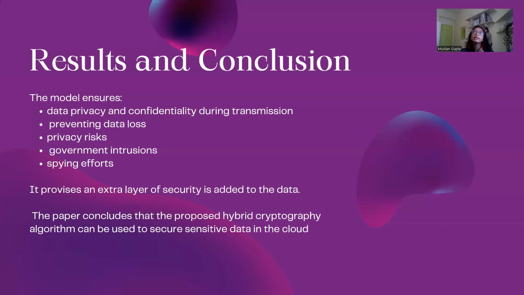By encrypting the data on the client side before uploading it to the cloud storage service, an extra layer of security is added, which fulfills the main aim of this algorithm, which is to secure data while in transit.